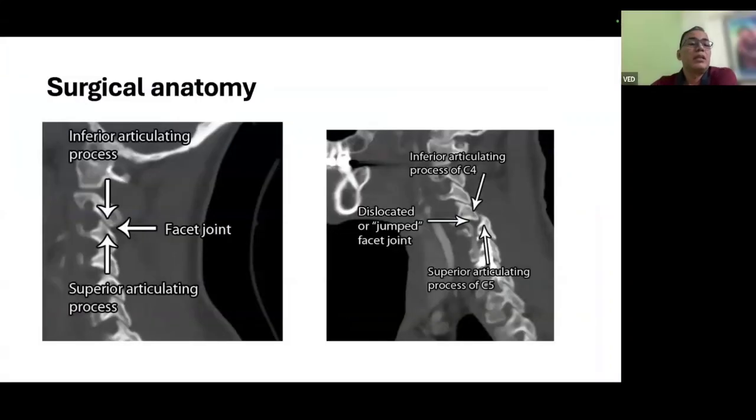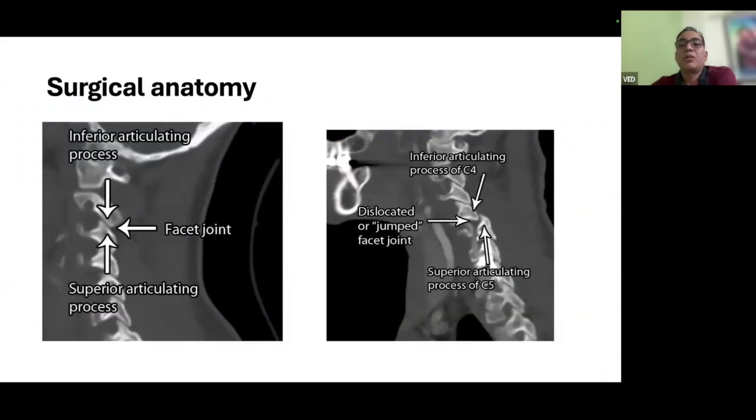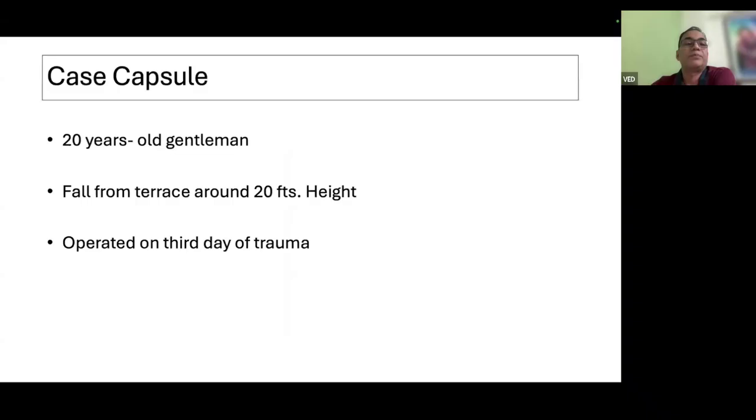We can see the inferior articular process of the superior facet and the superior articular process of the inferior facet. The superior facet has jumped over the superior articular process of the inferior vertebra. So it is a jumped facet.